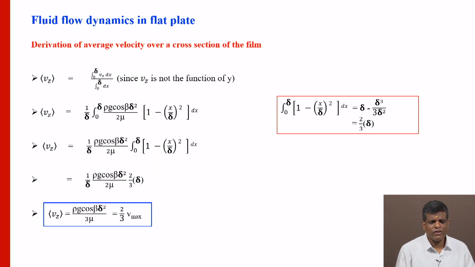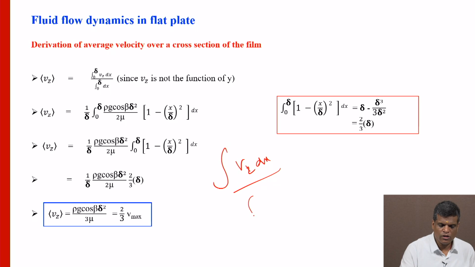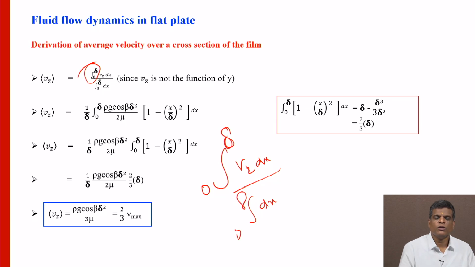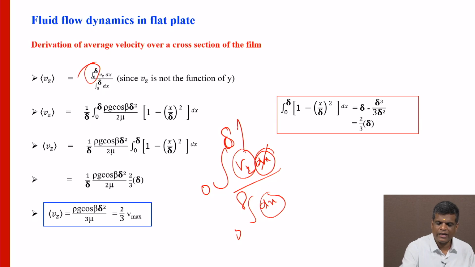So far we discussed maximum velocity. Then what is the average velocity? For the average velocity, of course, you have to integrate V z dx over the thickness, so the limit is 0 to delta, and then divide by delta so that they cancel.